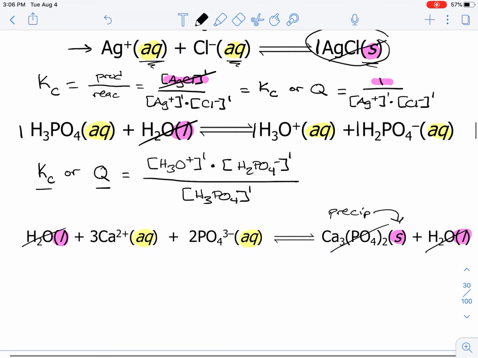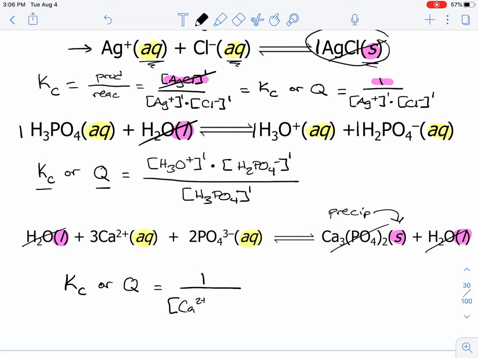And so very similar to the first example, I can write the mass action expression for the equilibrium constant or the reaction quotient as 1 over the concentration of calcium 2 plus raised to the third power, because it has a 3 as its coefficient, times the concentration of phosphate raised to the second power, because it has a 2 as its coefficient.